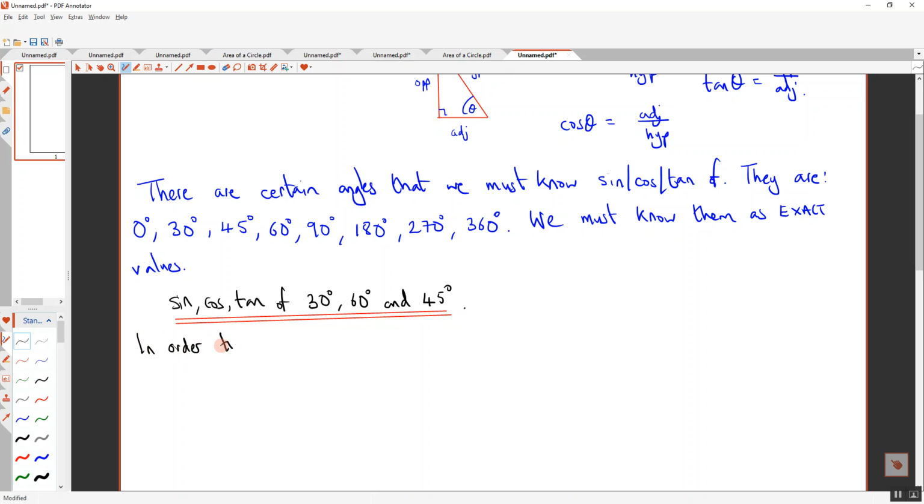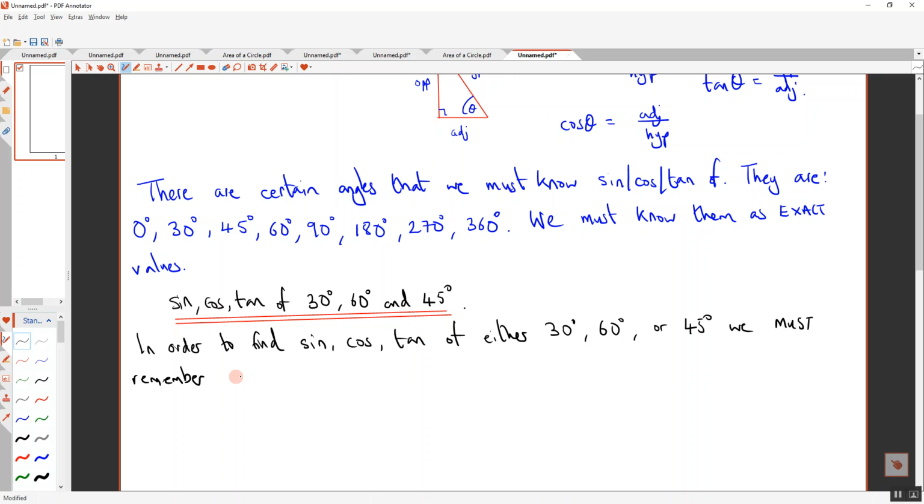Alright, so in order to find sine, cos, tan of either 30 degrees, 60 degrees, or 45 degrees, we must remember two important triangles.